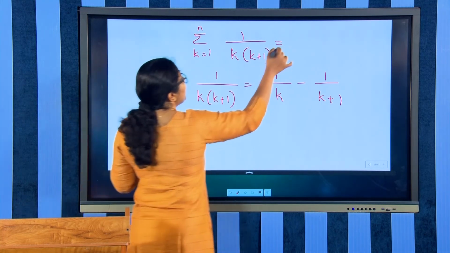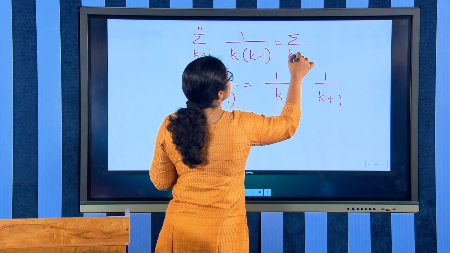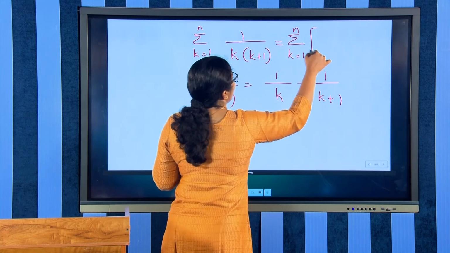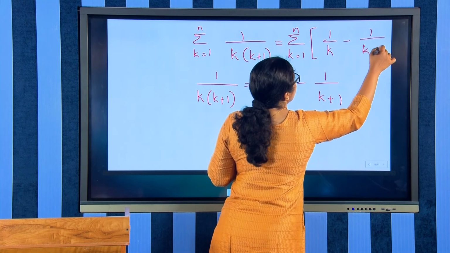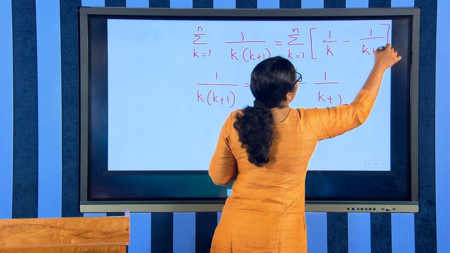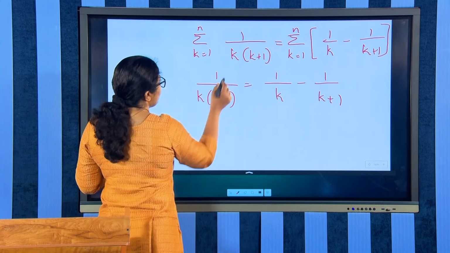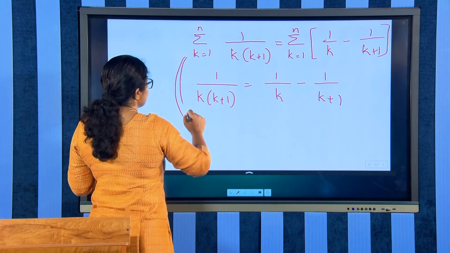Now if you apply this here, this becomes summation k equal to 1 to n of 1 by k minus 1 by k plus 1, which gives you an expansion something like this.